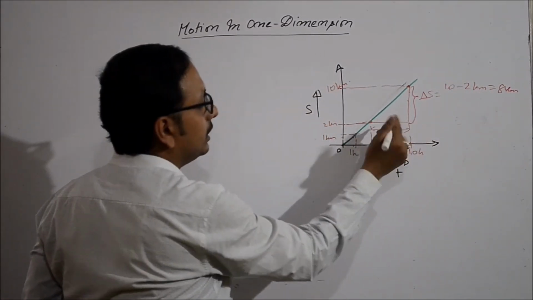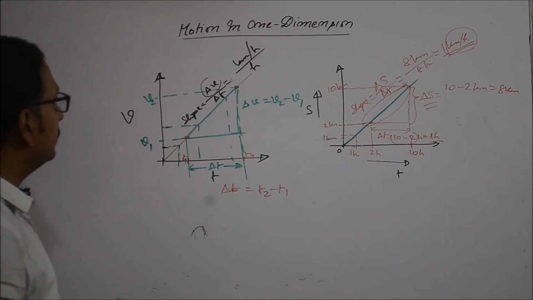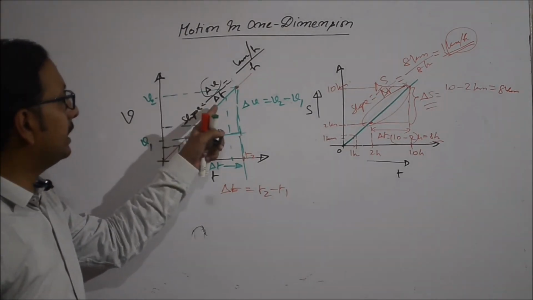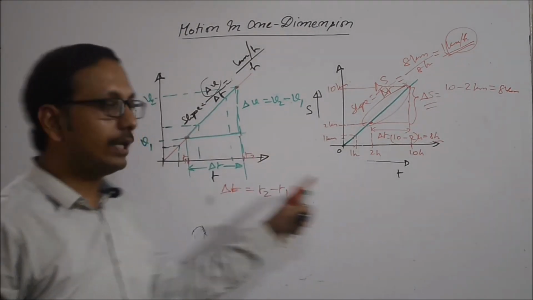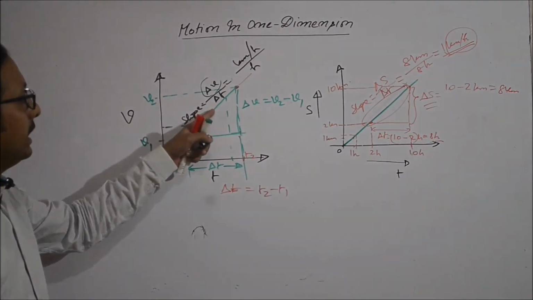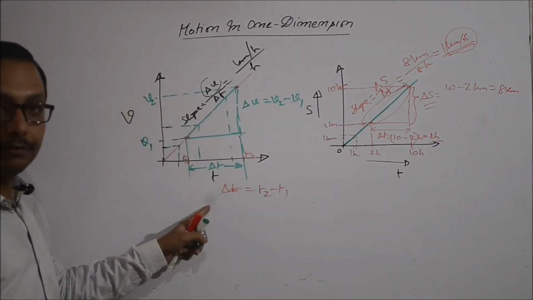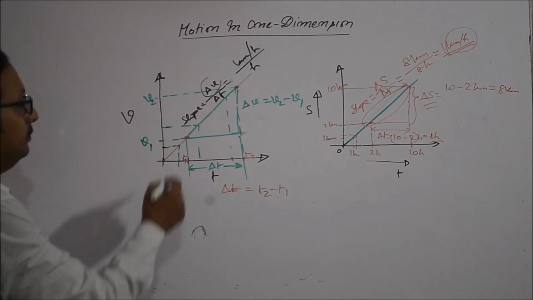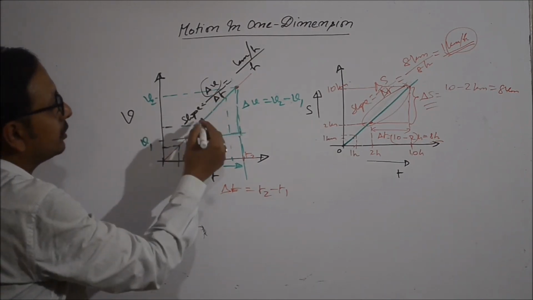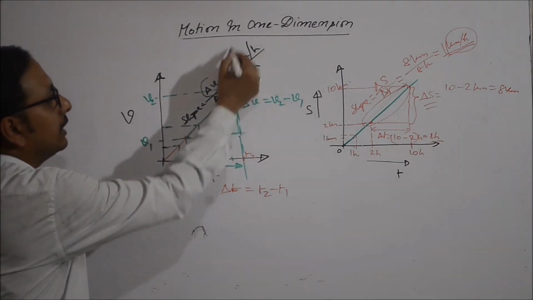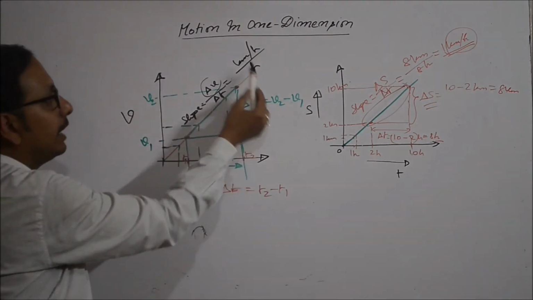And from this to this, as I have told you, that slope is del S by del t, that was a displacement time graph, and this one is your del v by del t, that is the velocity time graph. This velocity time graph gives you, if I find out the slope, what will be our unit? That is kilometer per hour divided by hour.